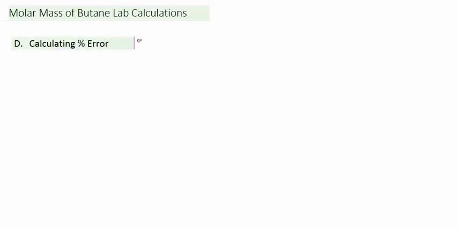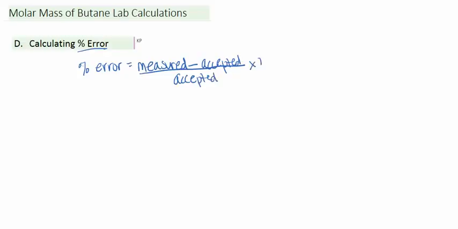All right, for part D then, for the calculations, percent error. Now calculating percent error, the equation is percent error equals your measured value, so what you actually got in the lab, that was my 110 grams, minus the accepted value, which we'll talk about in just a second. Measured minus accepted all over the accepted value times 100.